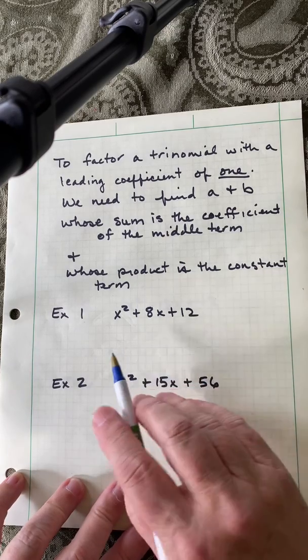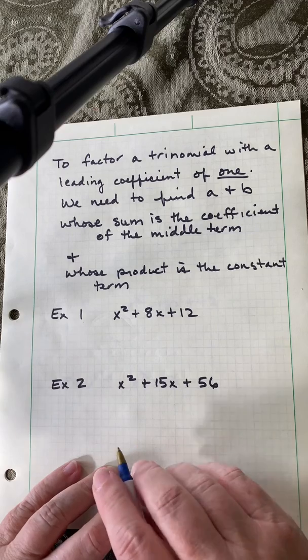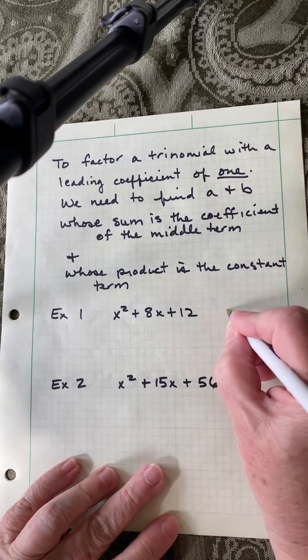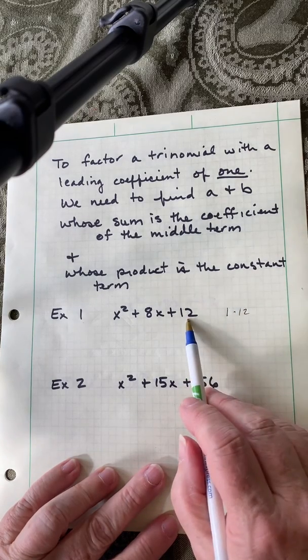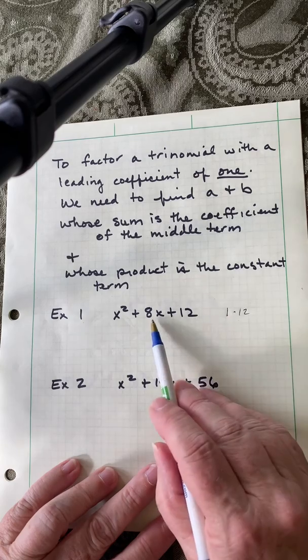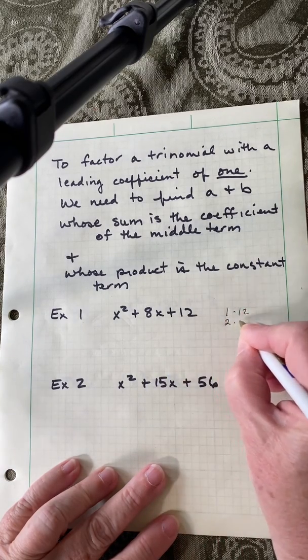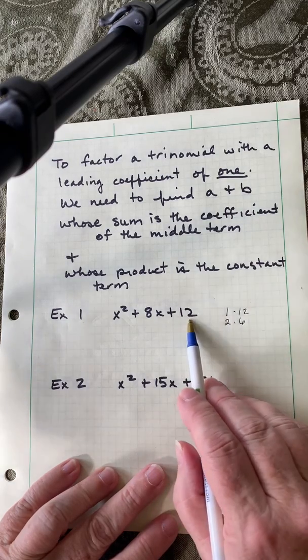So let's say we don't know our multiplication tables all that great, so we'll make a little table over here. 1 times 12 will get me this 12, but if I add them together, it doesn't come up to 8, so that's not going to work. 2 times 6, if I multiply them together, that gives me 12.